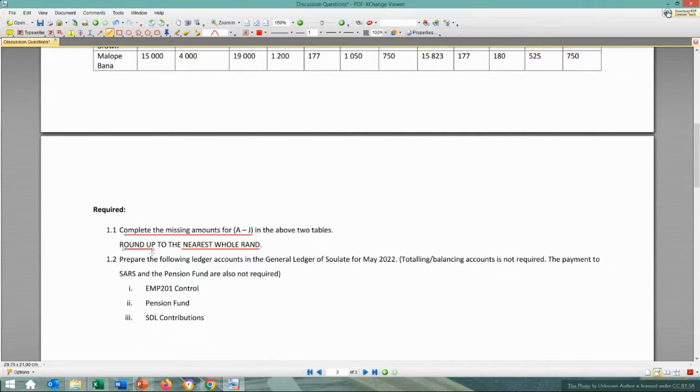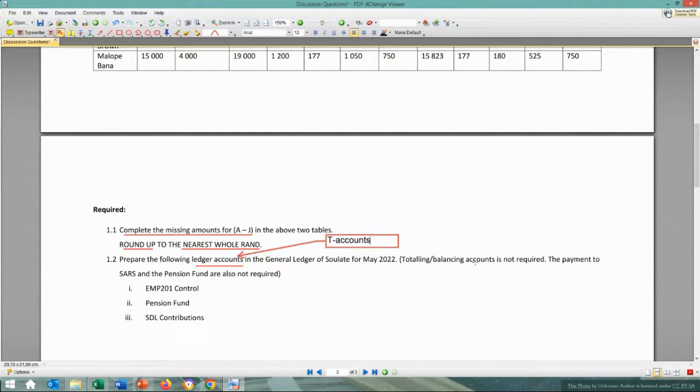And then once we are done with this, prepare the following ledger accounts. So ledger accounts is your general ledger account or your T account. I'm just going to write here T account of Solati for May 2022.